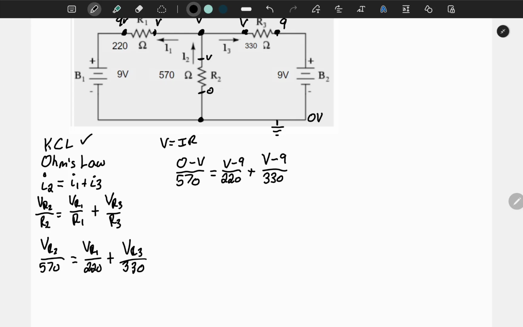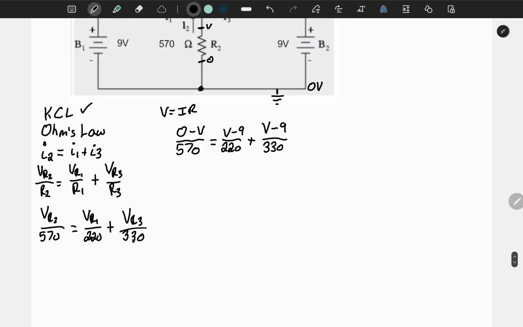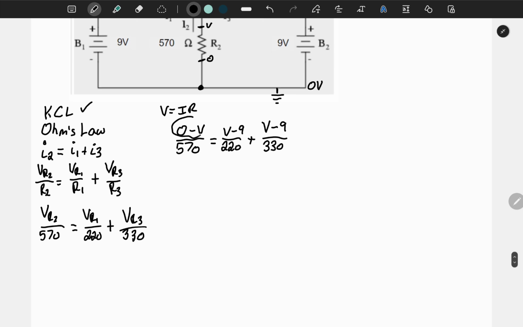So from here, most of you, if not all of you, hopefully can solve this for V, but that doesn't give you the final answer. So I can help walk through solving this for V really quickly. First thing I will do is 0 minus V is the same thing as saying negative V. I also have a 0 with all of these, so I can actually cancel them out.